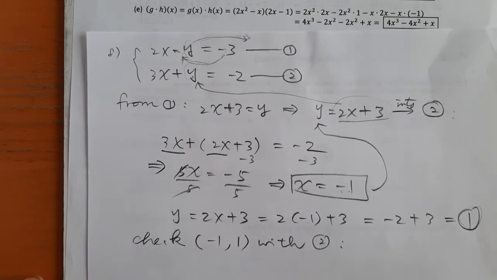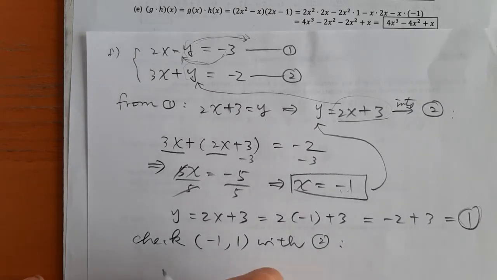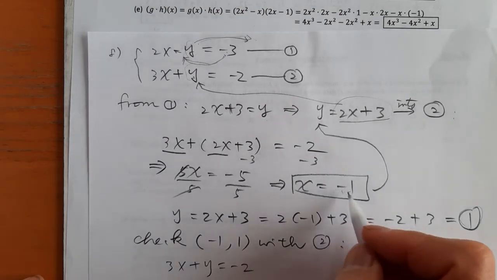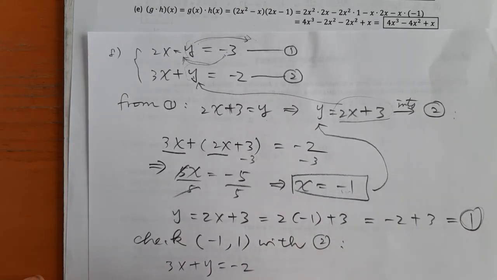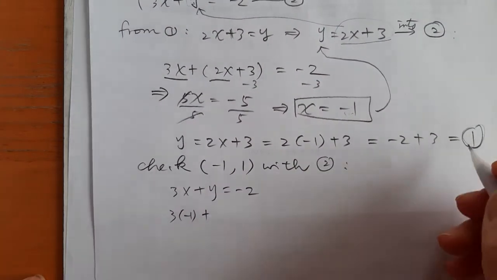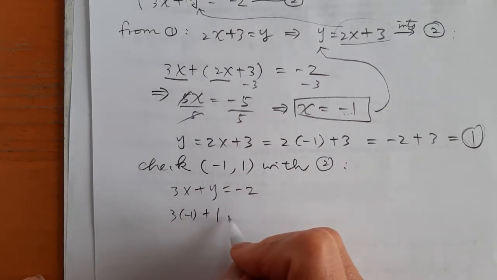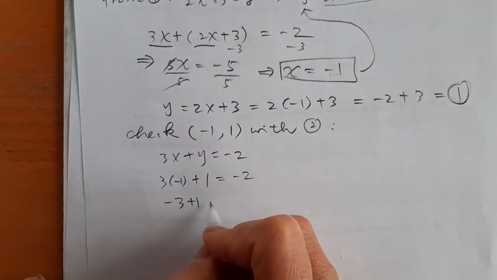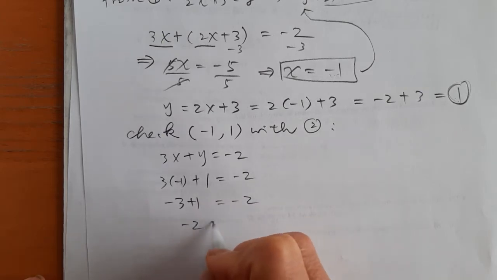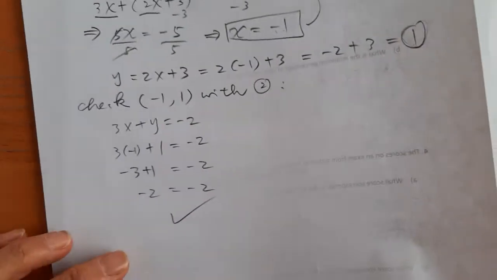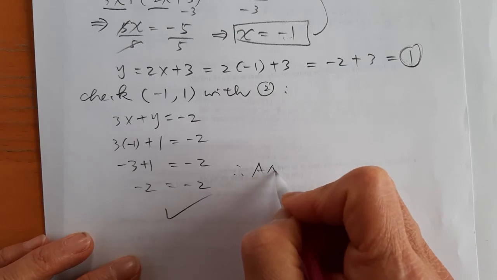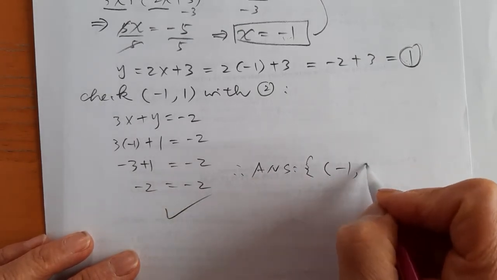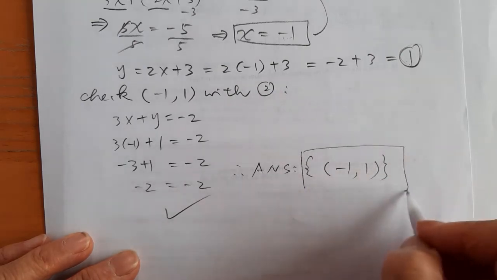The second equation is 3x plus y equal -2. X use -1, plug in. Y is 1, plug in. See whether it equals -2 or not. -3 add 1 is -2, equal -2, it's checked. And so then you put the final answer. The answer will be x is -1 and y is 1. That's the solution.